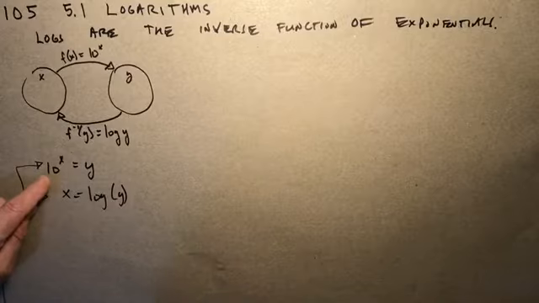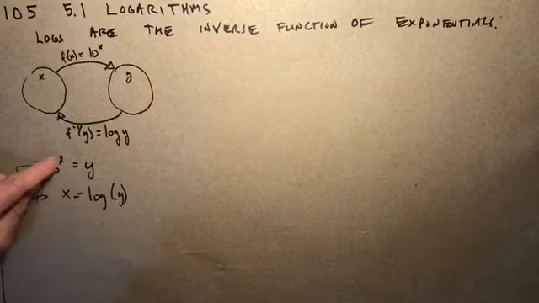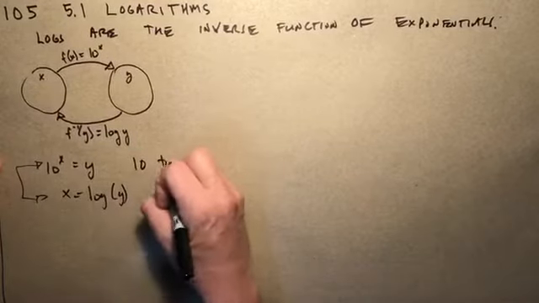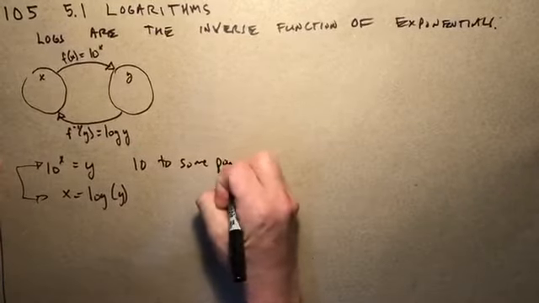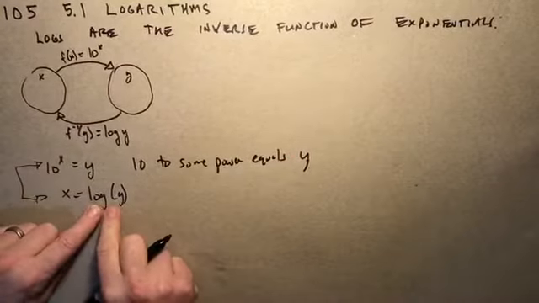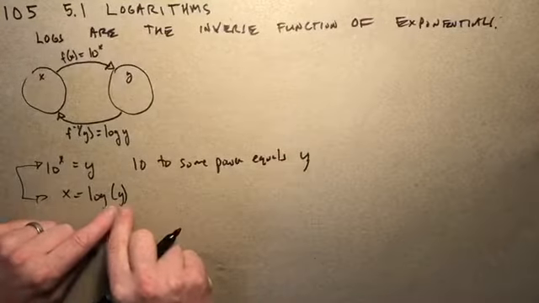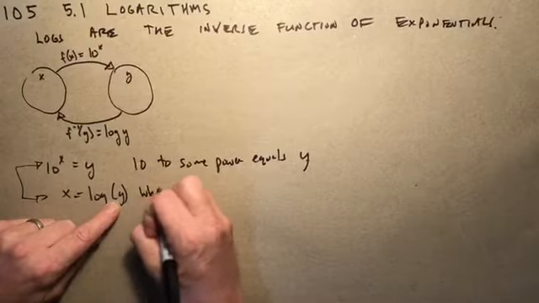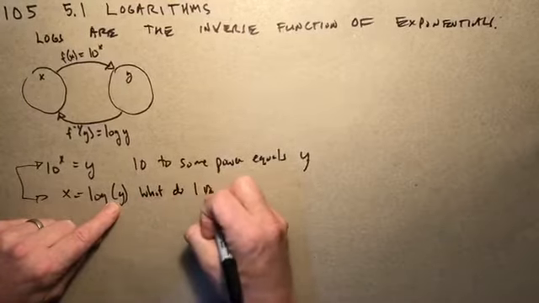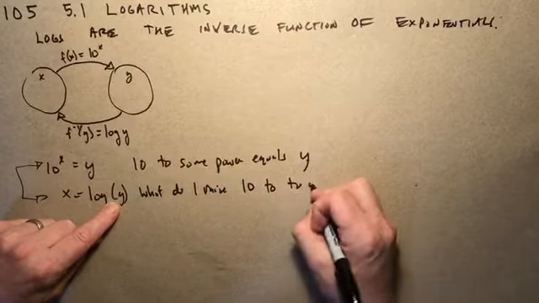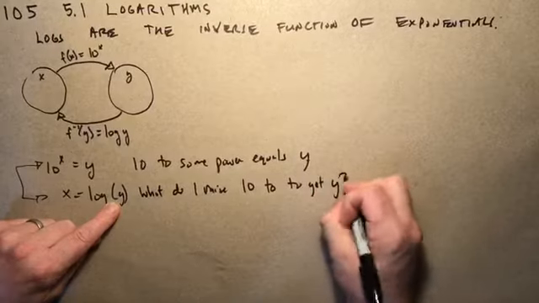If I say here, this is 10 to some power equals y. What is this? What do I raise 10 to get y?